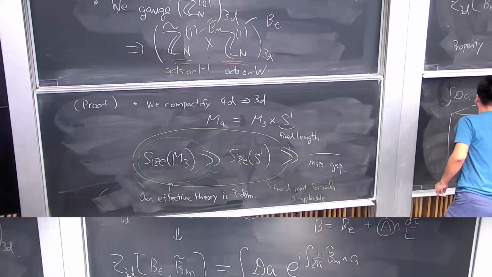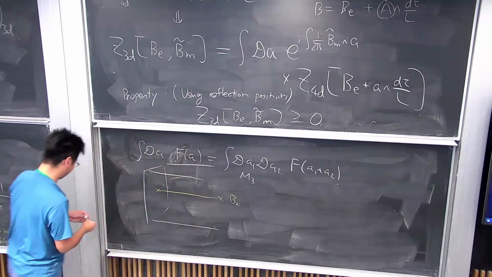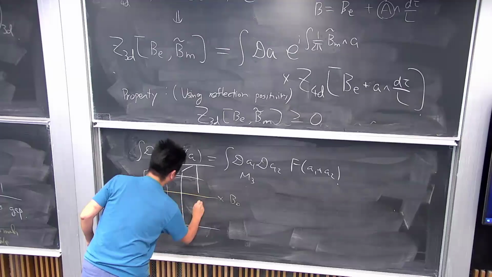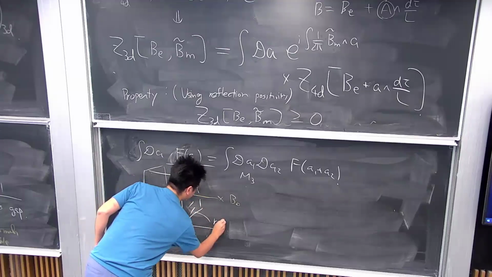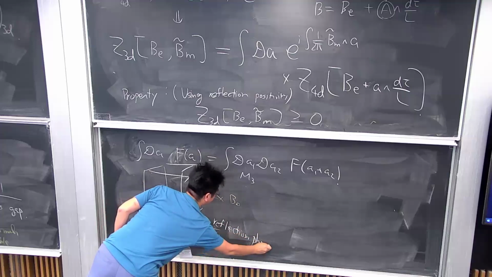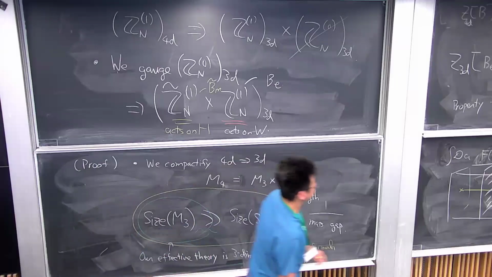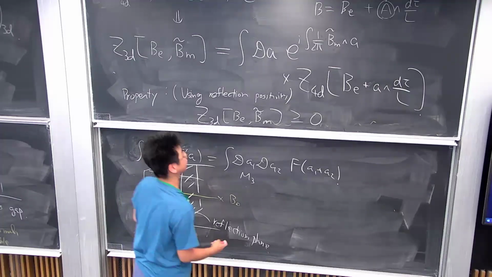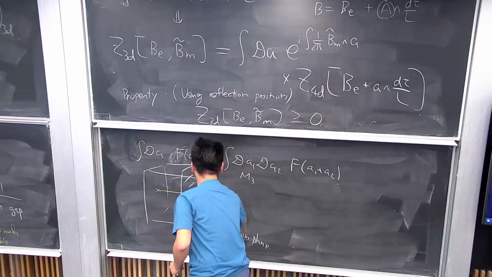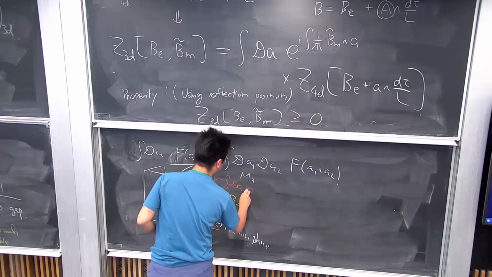So let's say this is B. And let me take this as a reflection plane for the one form symmetry. And using this kind of formula, the counterpart of this one is a codimension one object. So this corresponds to DA one.